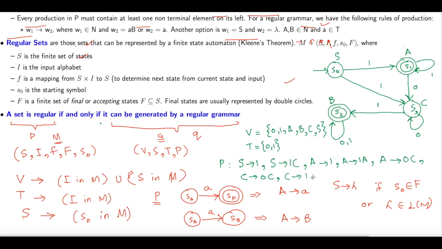And then B. B goes to 0, B goes to 1, because B itself is a terminal, accepting state. So B goes to 0B and B goes to 1B. These are all the productions which correspond to this.